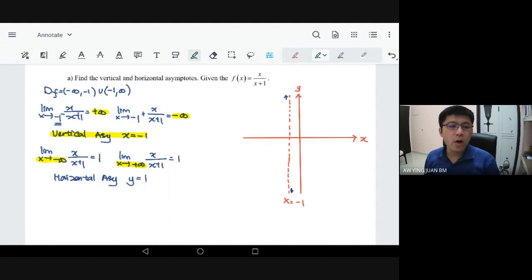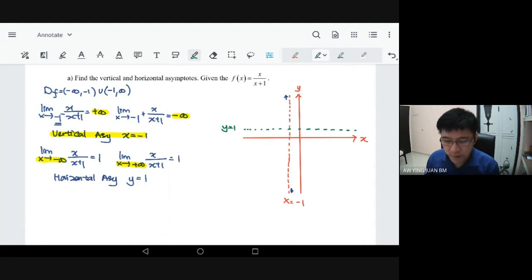Kita perlu tengok pula horizontal asymptote. So di sini kita ada horizontal asymptote y equals to 1. So katakan y equals to 1 berada di sini. So apa yang kita perlu buat sekarang adalah kita ada dua jawapan, iaitu when x approaching negative infinity, maksudnya towards the left.